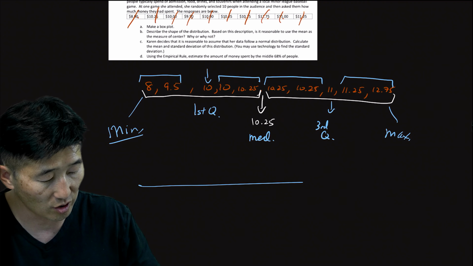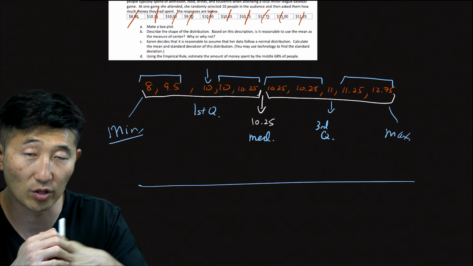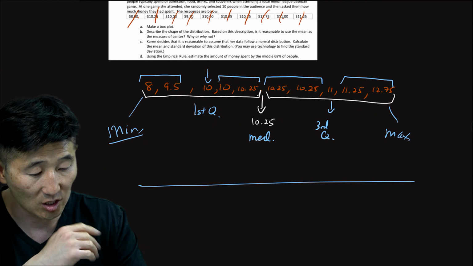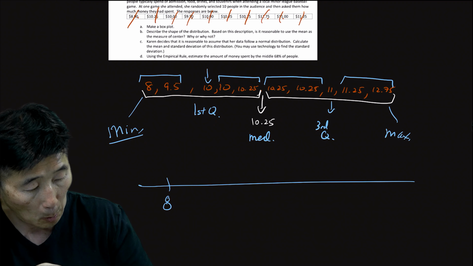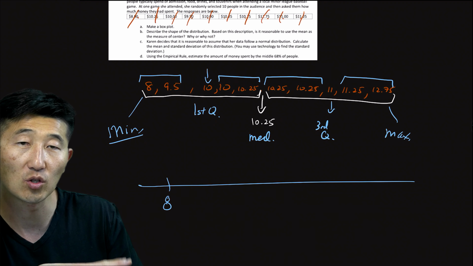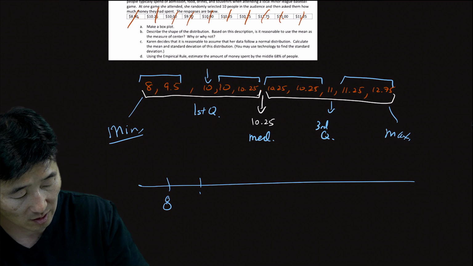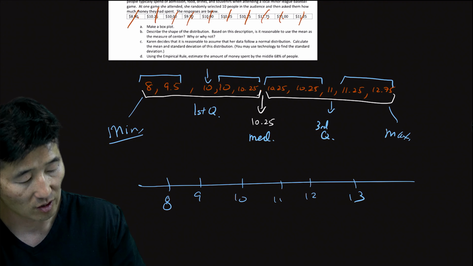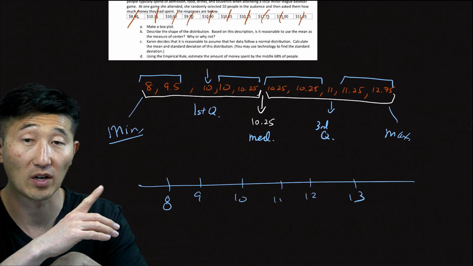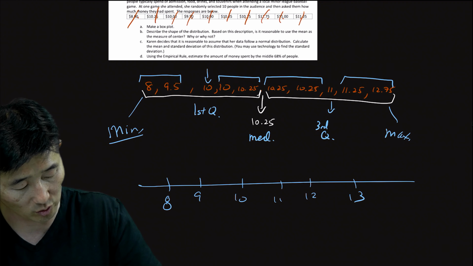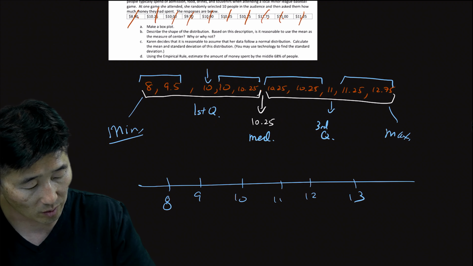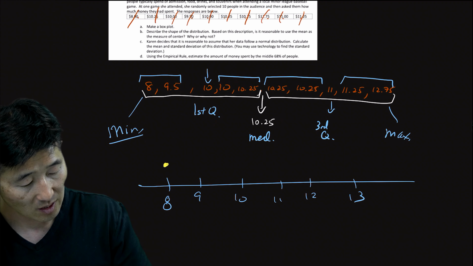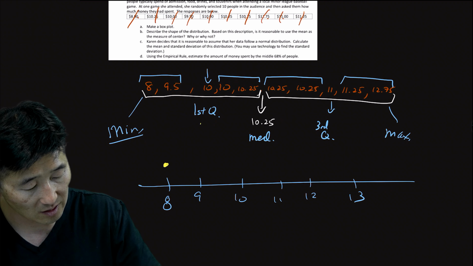Okay, so draw a number line out, like a ruler. The smallest number is 8, so start there. The biggest number is 12.75, so let's go all the way to 13. So 8, 9, 10, 11, 12, 13, and just plot these 5. So minimum is 8. And the first quartile is 10.